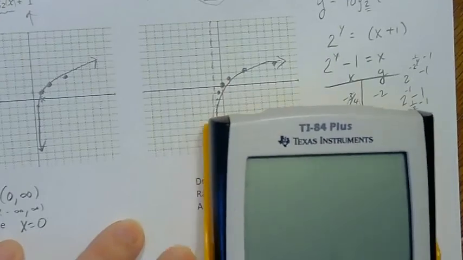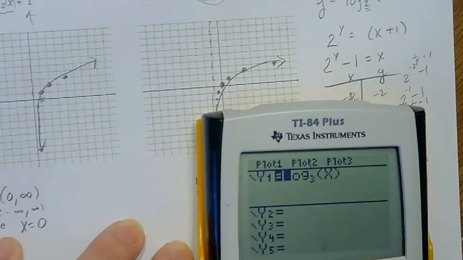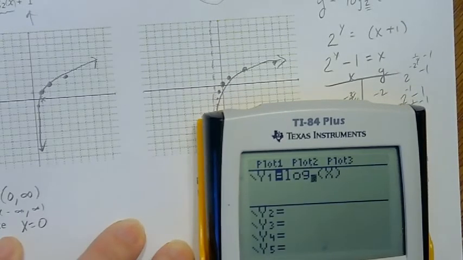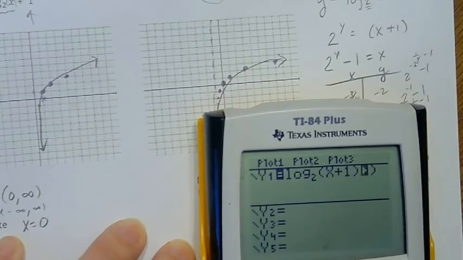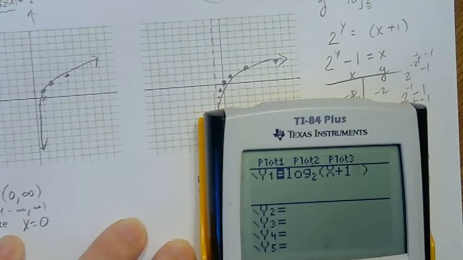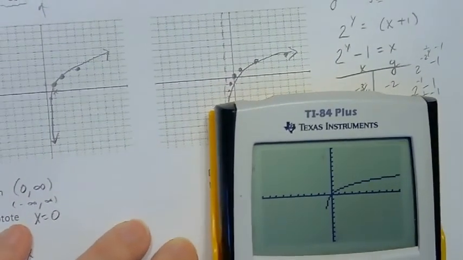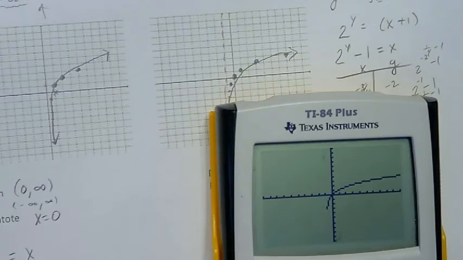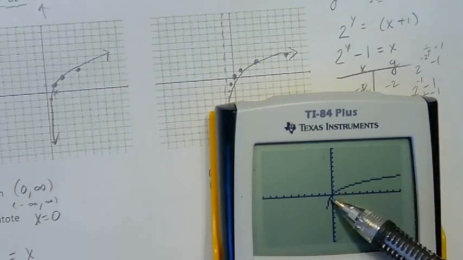If you plug it into your graphing calculator, it's going to look different though. Let me show you for those of you that are using the calculator. If I do log base 2 of x plus 1, and I put the parentheses like that, graph, this graph looks like it is stopping here, but it actually doesn't stop.